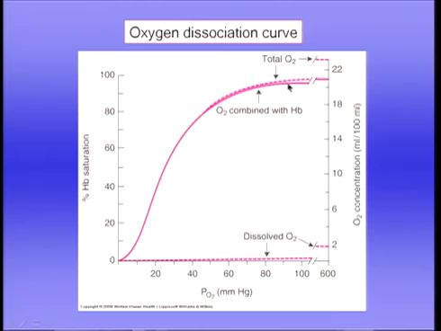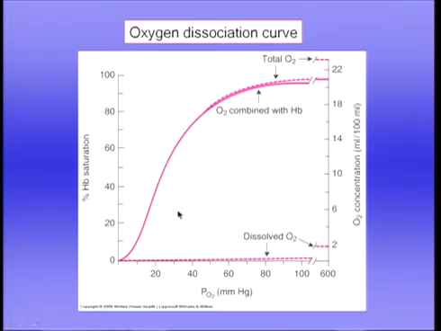Now, the total amount of oxygen that the blood can carry attached to hemoglobin is known as the oxygen capacity. And it's also an important term. Now, the hemoglobin oxygen dissociation curve, as we can see, has an S shape with a small curve at the bottom here and then a long curve at the top.